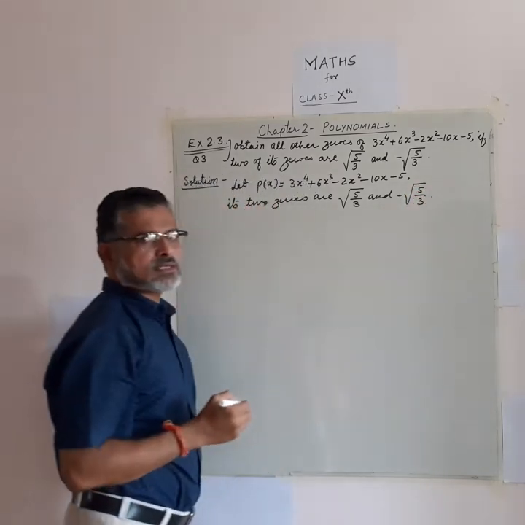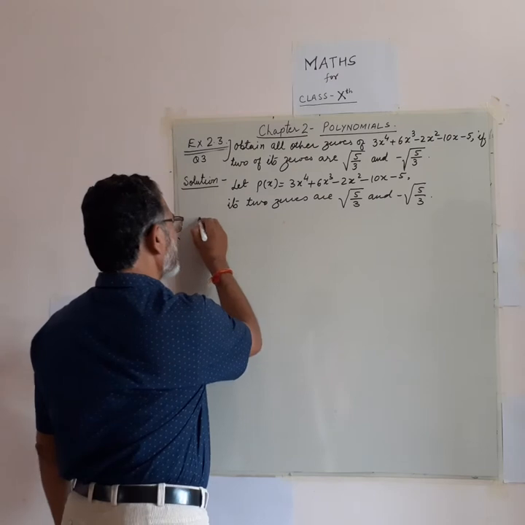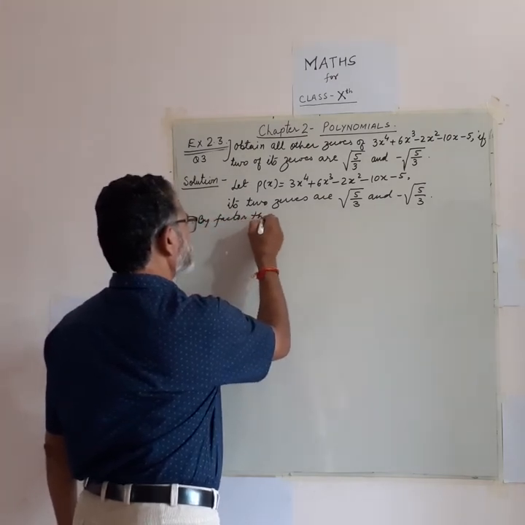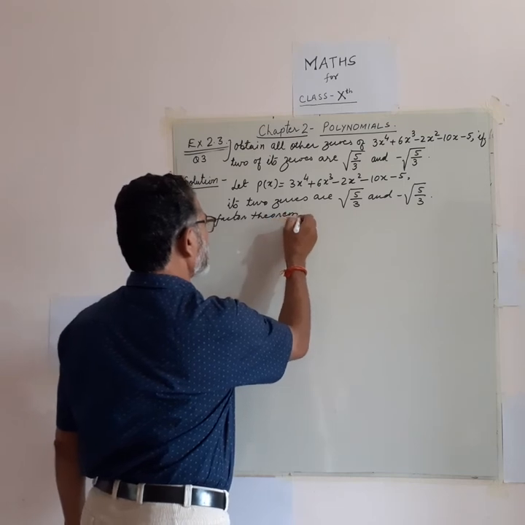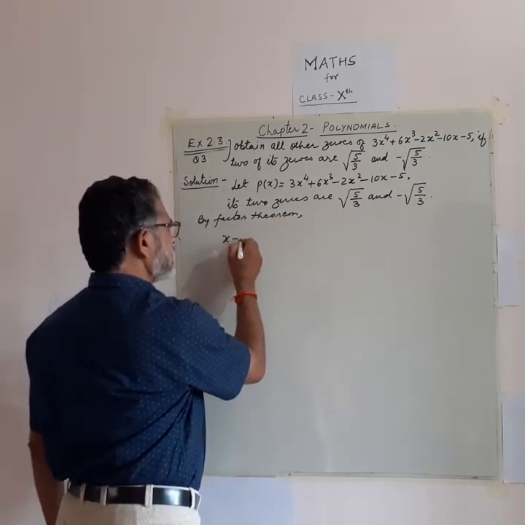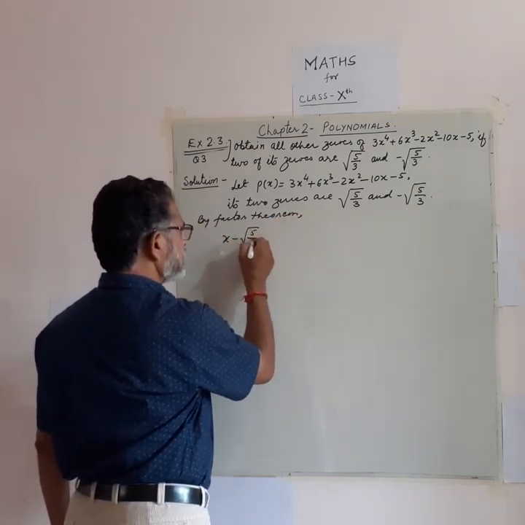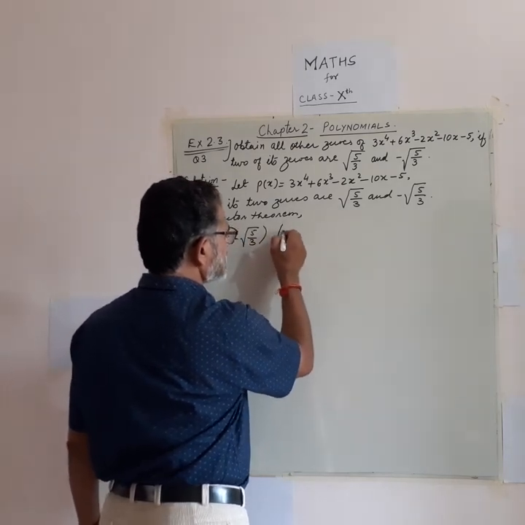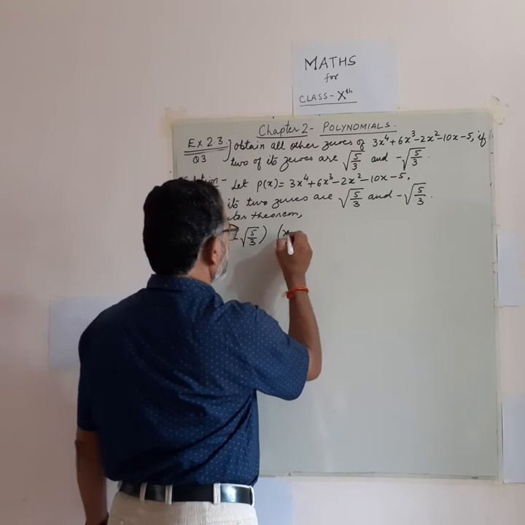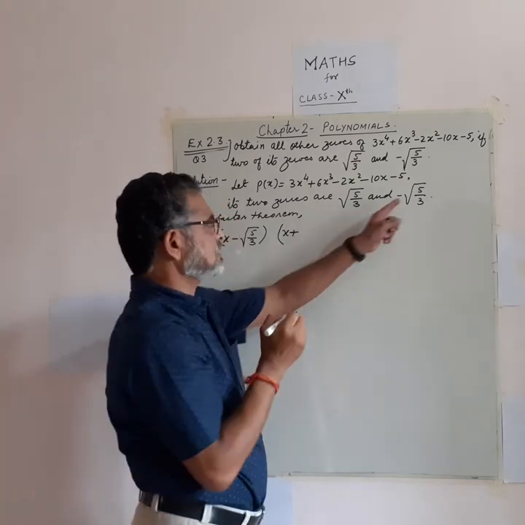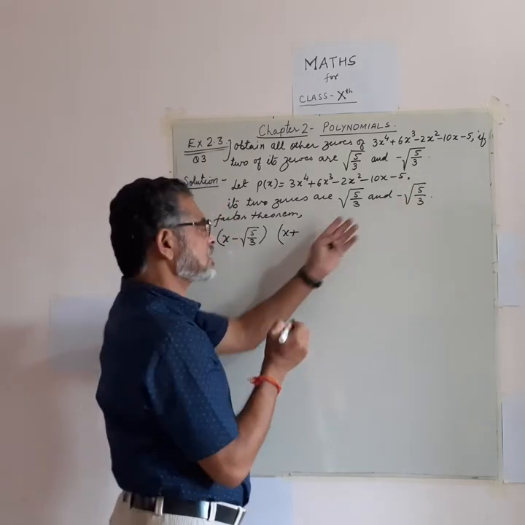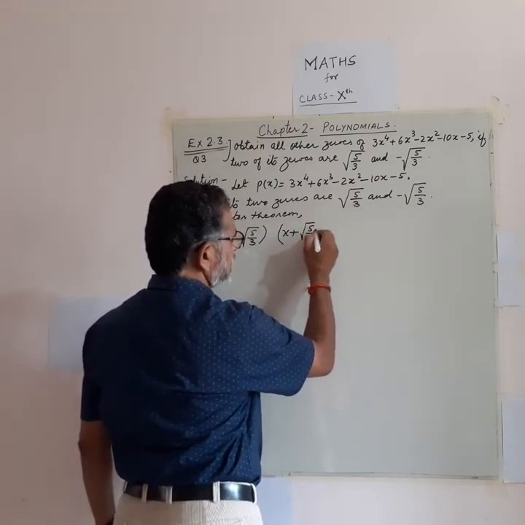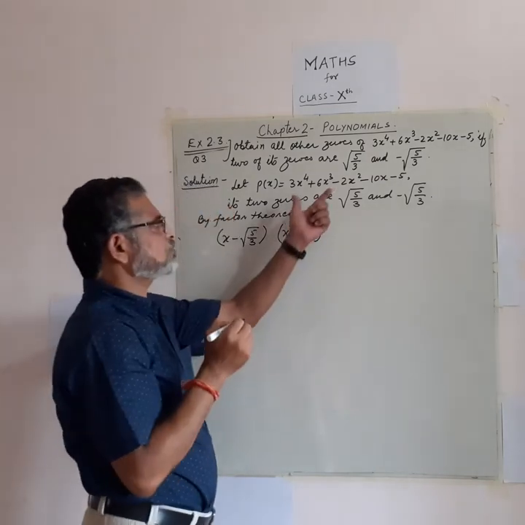So by factor theorem, x minus under root of 5 by 3 is one factor, and another factor is x plus, because the second is minus under root 5 by 3, so its opposite sign plus under root 5 by 3. These are the two factors of this polynomial.